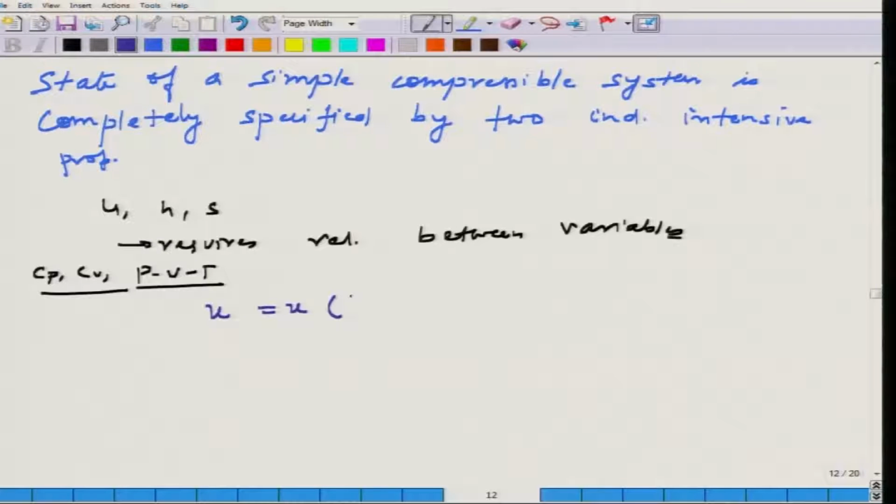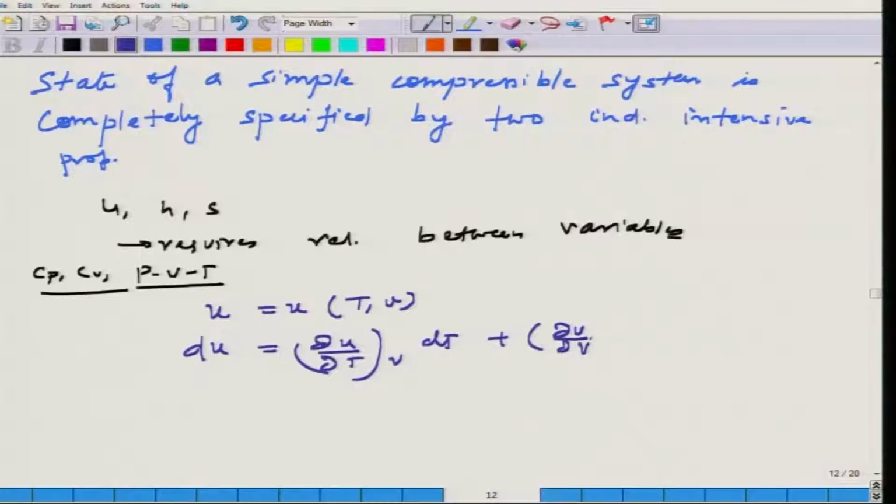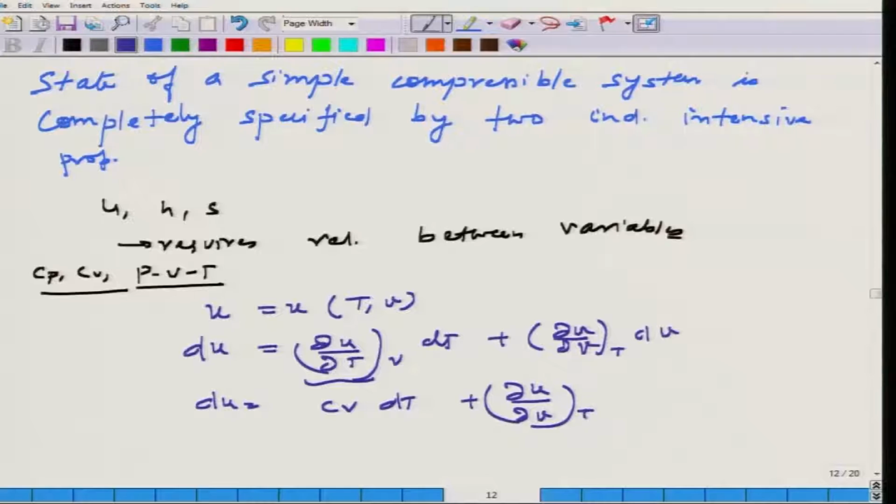Let me say we are interested in variables T, V. So we can write in differential form dU as del U by del T at constant V dT plus del U by del V at constant T dV, and thus I can write this as CV dT, which we know, plus this del U by del V at constant T dV.